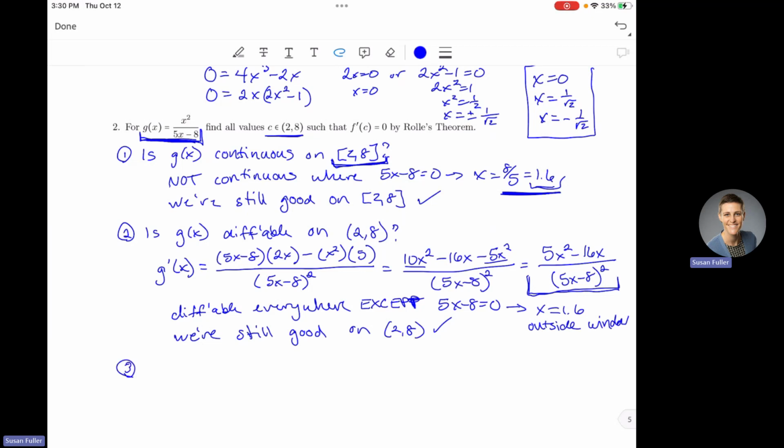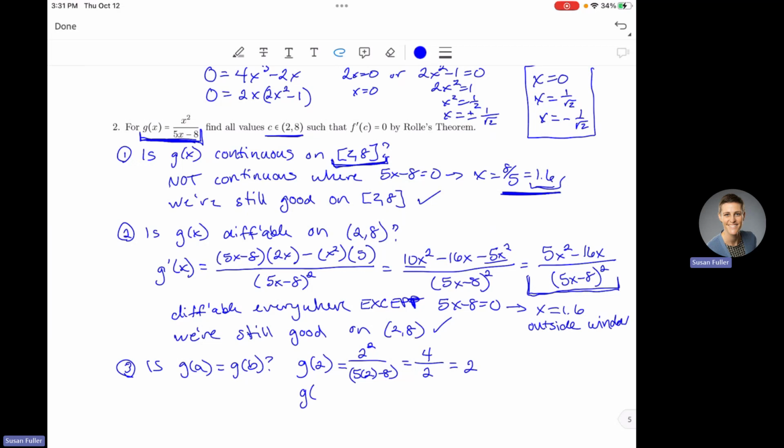The last thing that we have to check is: is g of a equal to g of b? Are my y values at my endpoints the same? Okay, so that means we need to check g of 2, in which case I'm going to get 2 squared over 5 times 2 minus 8, which is 4 over 10 minus 8, which is 2.